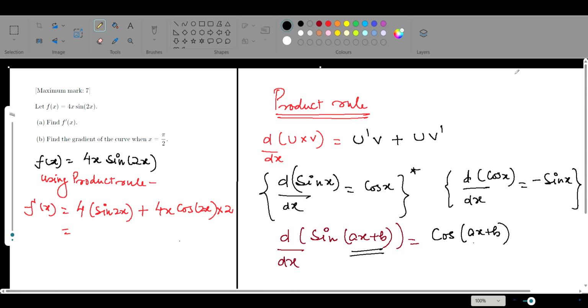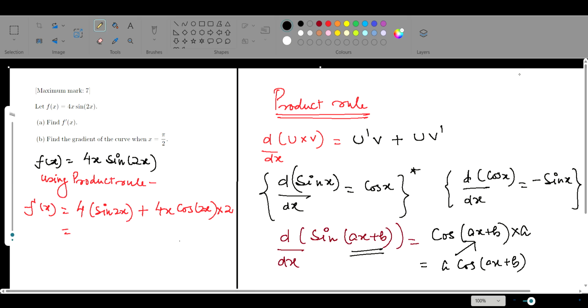Now I'll differentiate the function which is composed here, which is ax plus b. The differentiation of that function here will be a, because if I differentiate ax, the result will be a only. The differentiation of b is 0, so it is a times cos of ax plus b.